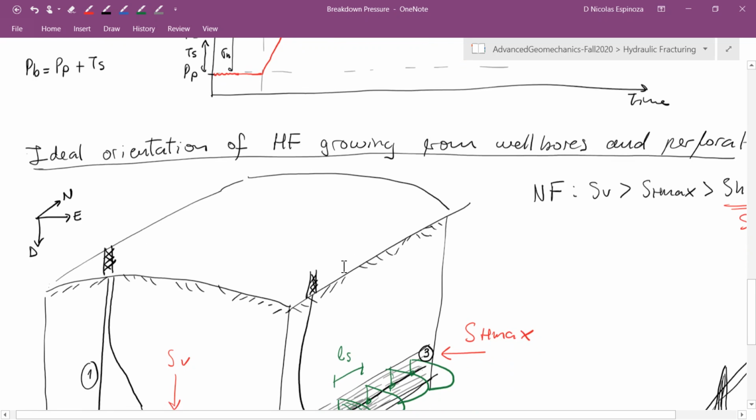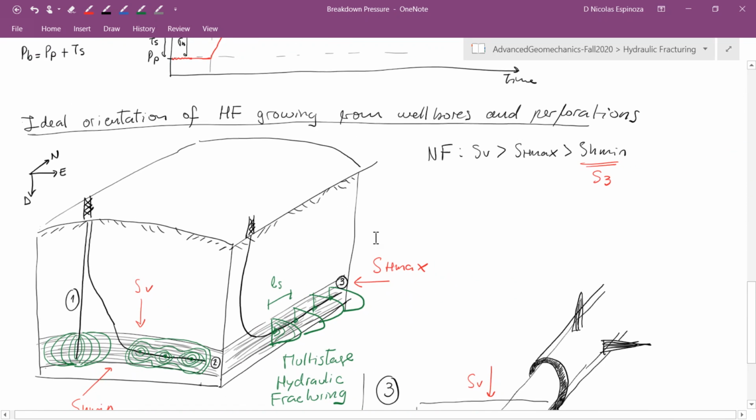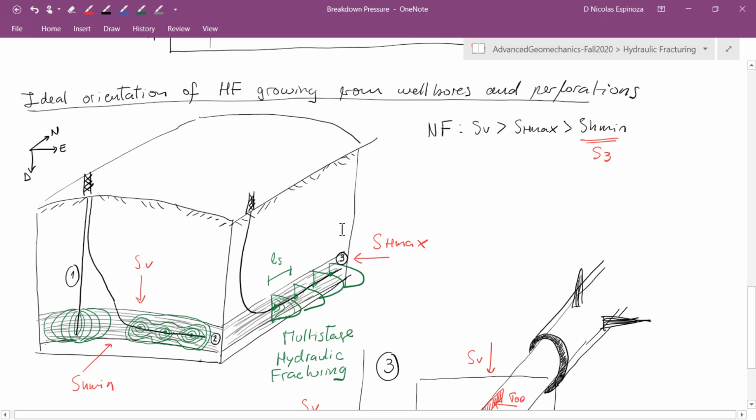Now we're going to go into a 3D model, or a 3D block, in which I have 3 wells, 1, 2, and 3. Well 1 is vertical, 2 and 3 are horizontal, and they are drilled at different orientations. We are also assuming here that we are under a normal faulting stress regime, and that, of course, the maximum principal stress is SV.